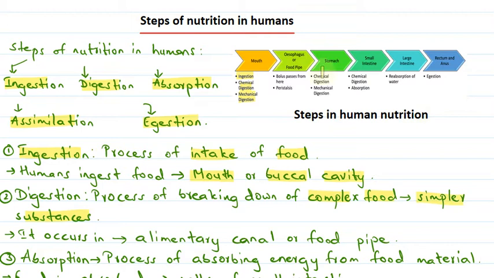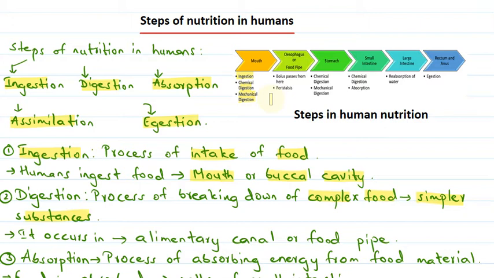The food from the mouth gets mixed with saliva, and this is called bolus, which is not completely digested but partially digested.